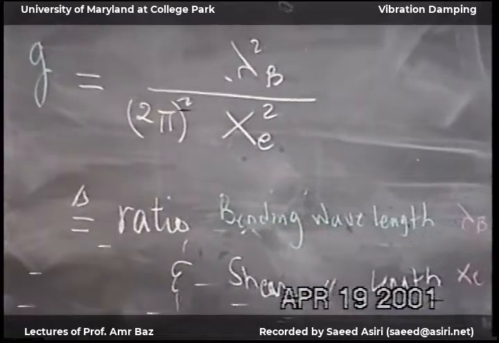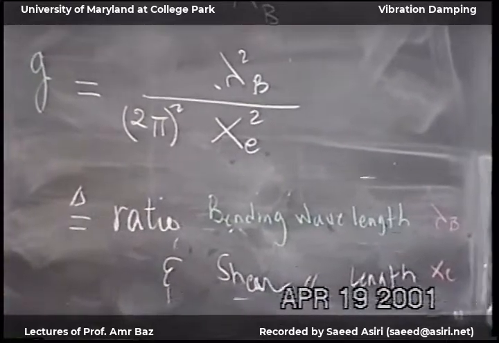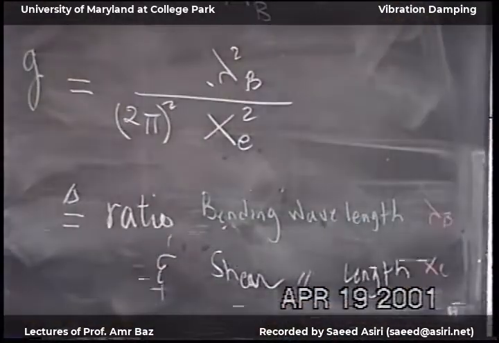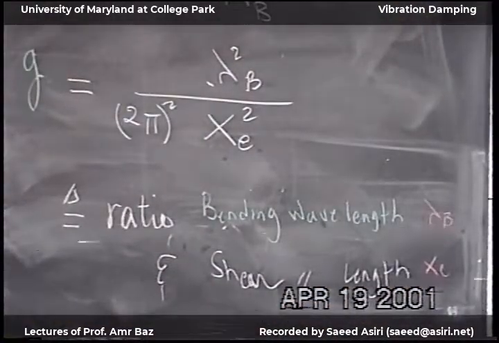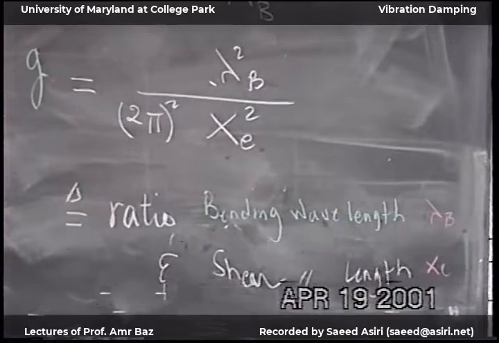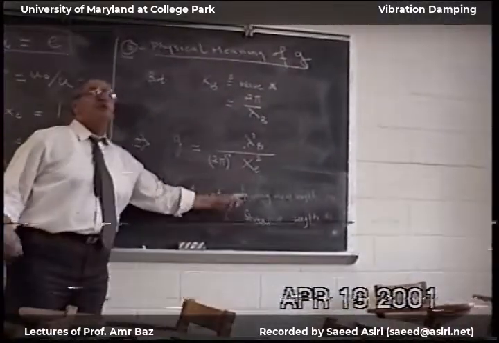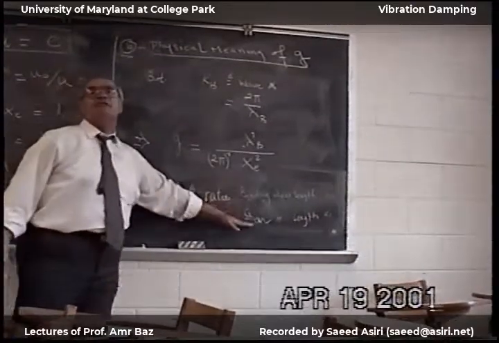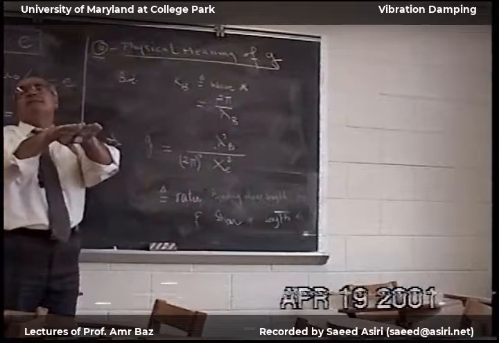So now, to have optimum constraining layer performance, this number G should be 1, and these two should be compatible to each other. The bending and the shear should be very compatible to each other.